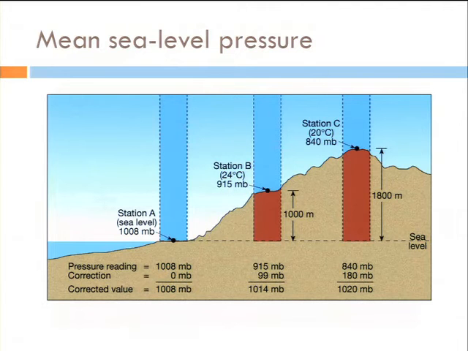Now, one of the things that we kind of have to do that's a bit important is when we're measuring pressure, we have to account for the fact that if we go up a mountain, the pressure is actually going to decrease. All right, so we actually have to adjust for this fact. So for instance, if we decided to just map the pressure at every station across North America, the map that we would retrieve would look like a map of terrain, right?